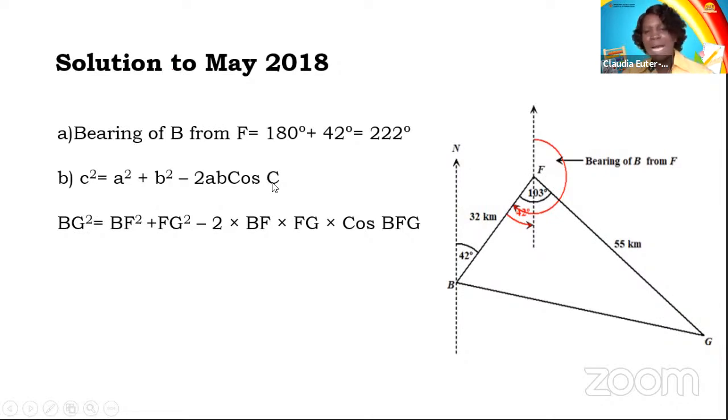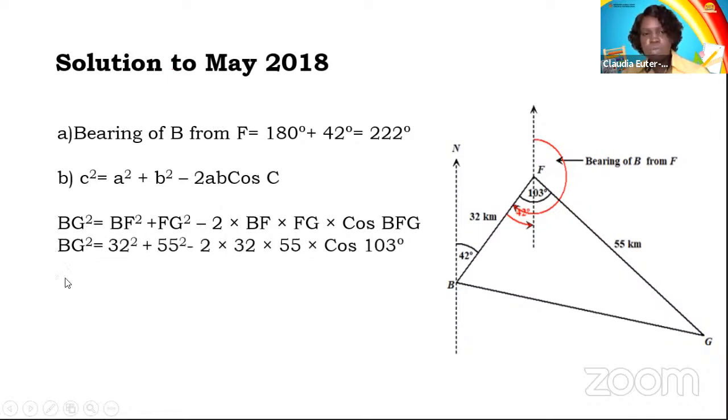Once you know that the angle is C, that means right here is C. The length you're asked to find would be the common letter C, which is BG, and BG is unknown. So you substitute 32 squared added to 55 squared, and then you subtract 2 multiplied by 32 multiplied by 55. These two numbers come back here automatically.